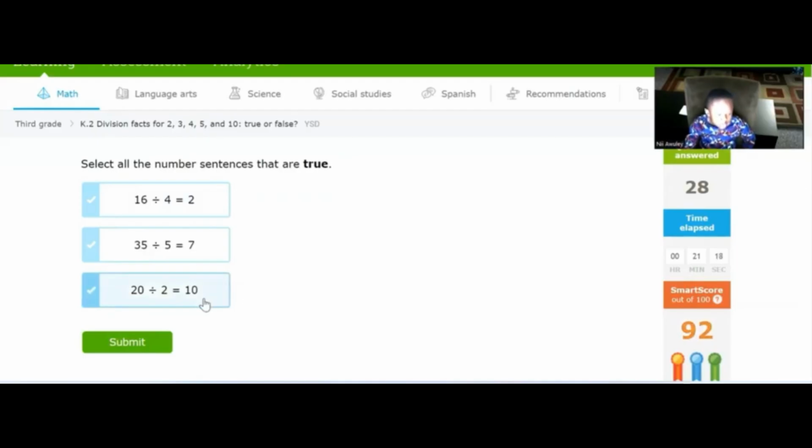20 divided by 2 is 10. That is correct because 2 times 10 is 20.